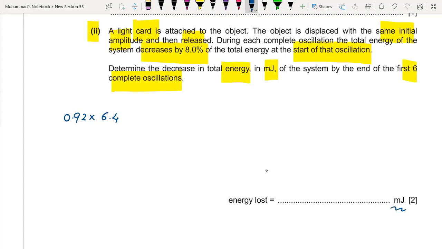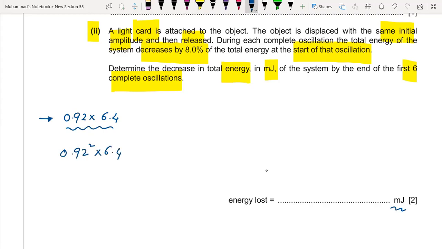We have to find energy loss in millijoule, so no need to convert millijoule into joule. This is the energy after one oscillation. And after the second oscillation, energy will be 0.92 times of that energy. That will be 0.92 square times 6.4.